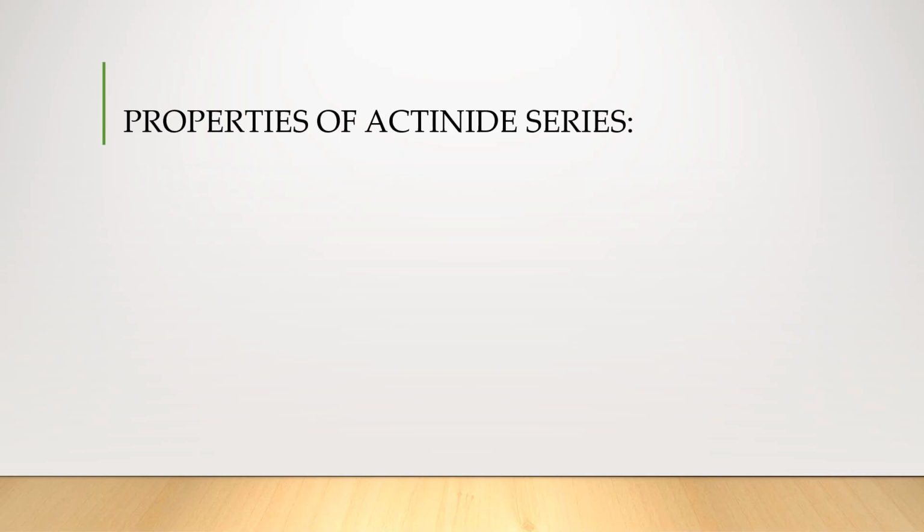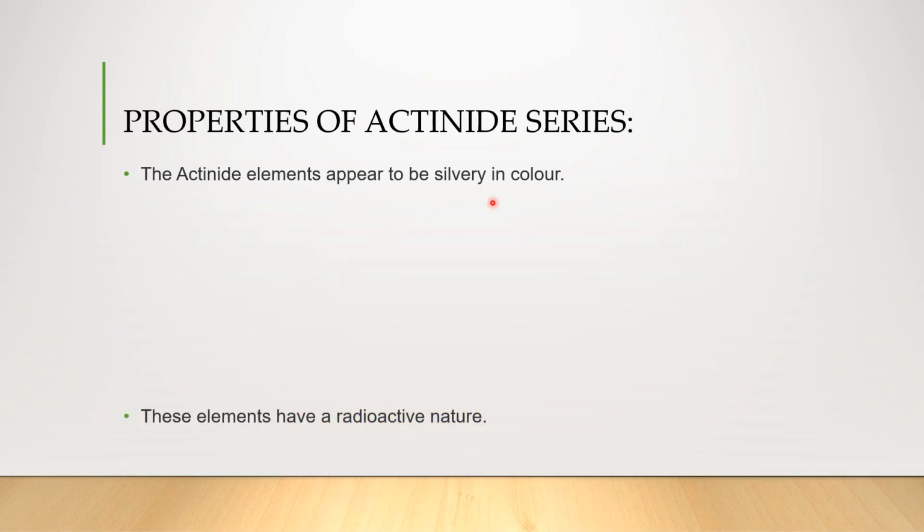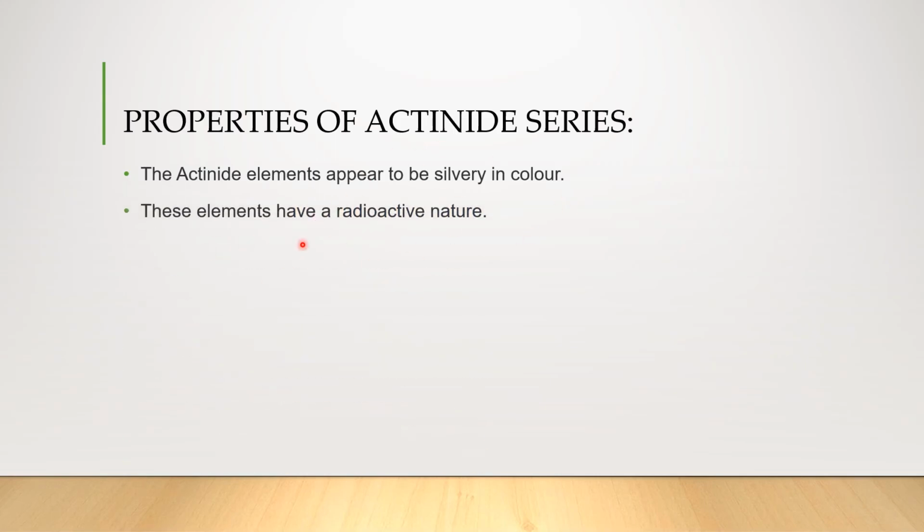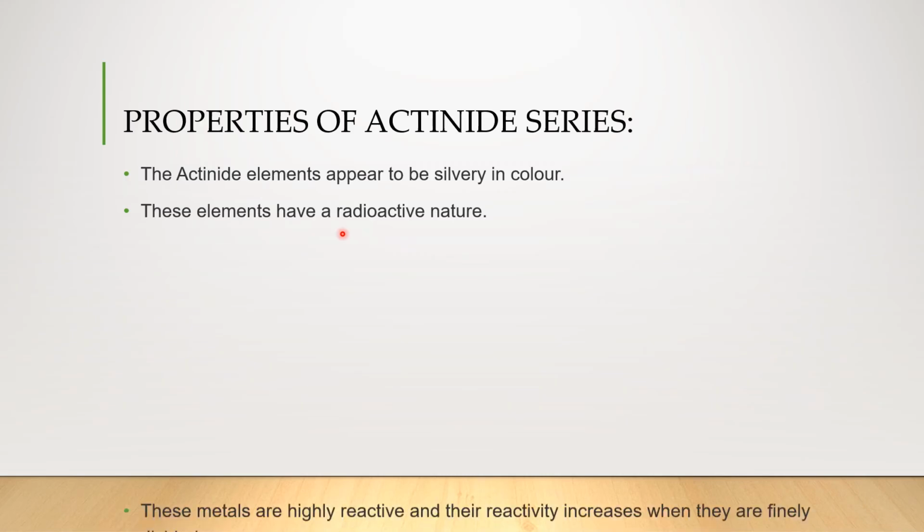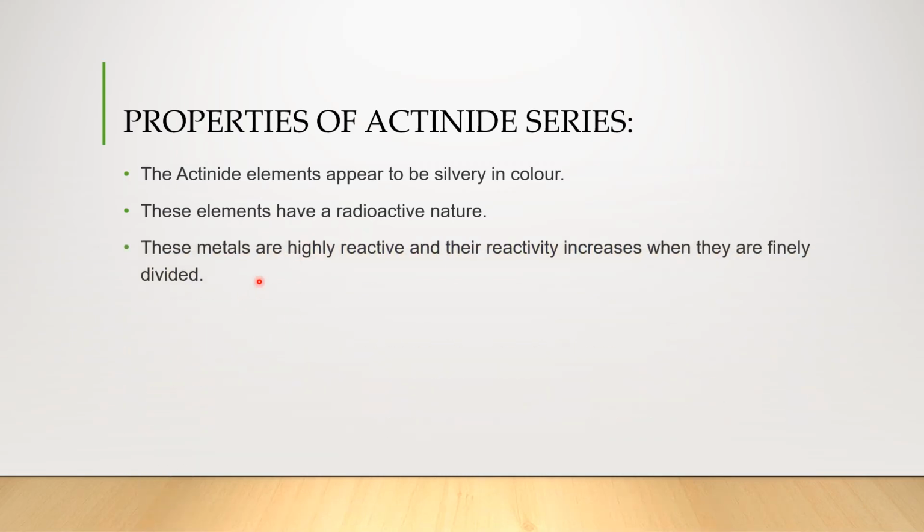And now we are going to see the properties of the actinide series. The first point is they appear to be silvery in color, and these elements are radioactive. They are fully radioactive elements, and these metals are highly reactive, and the reactivity increases when they are finely divided.